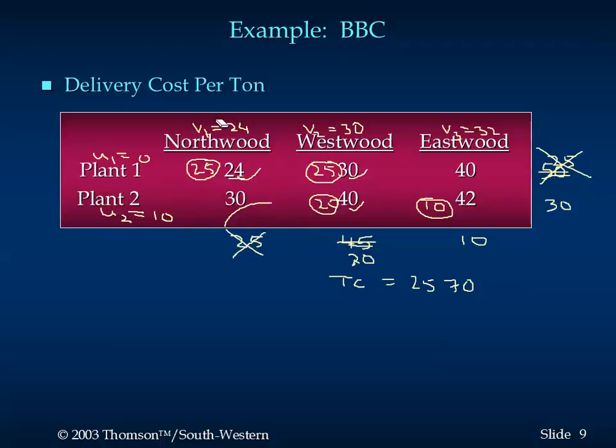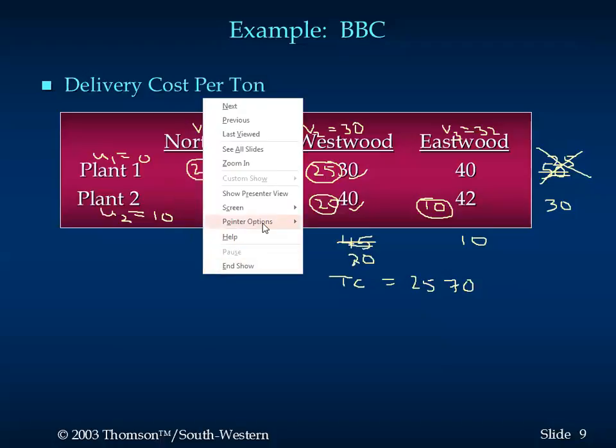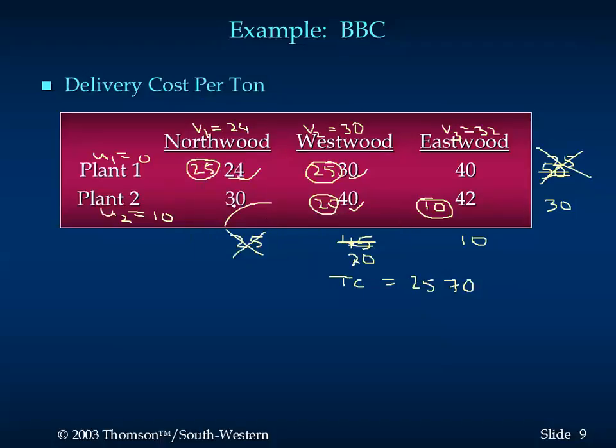So here I'm going to take Cij minus Ui minus Vj. So 30 minus 10 minus 24 is minus 4. And here, 40 minus 0 minus 32 is plus 8.